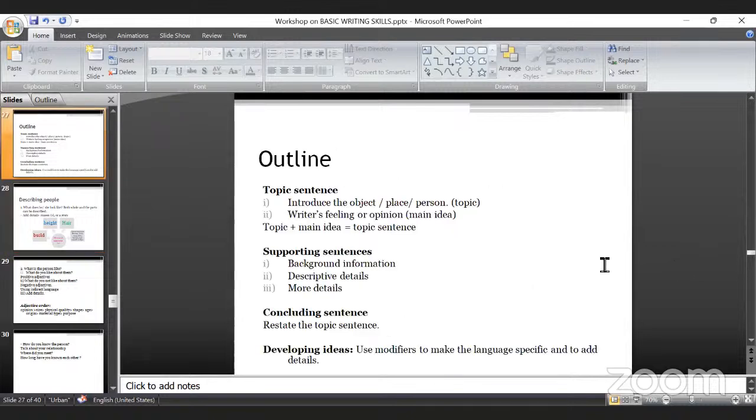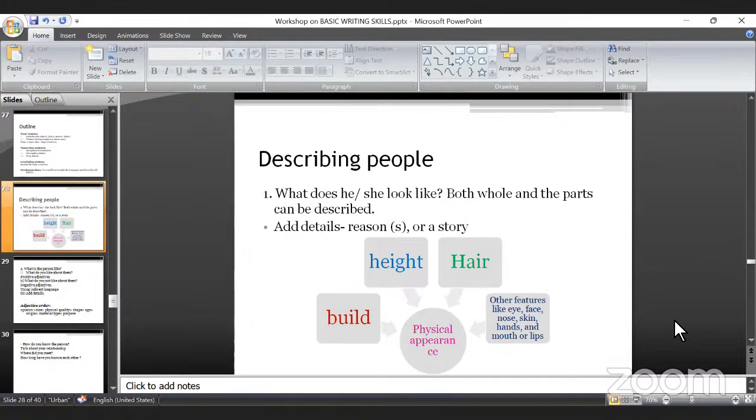I'm talking about the supporting sentences part. For background information, descriptive details, and more details, you're going to use descriptive language. And what will you write there? To talk about what he, she, it looks like. What is the look? You're going to describe the look.